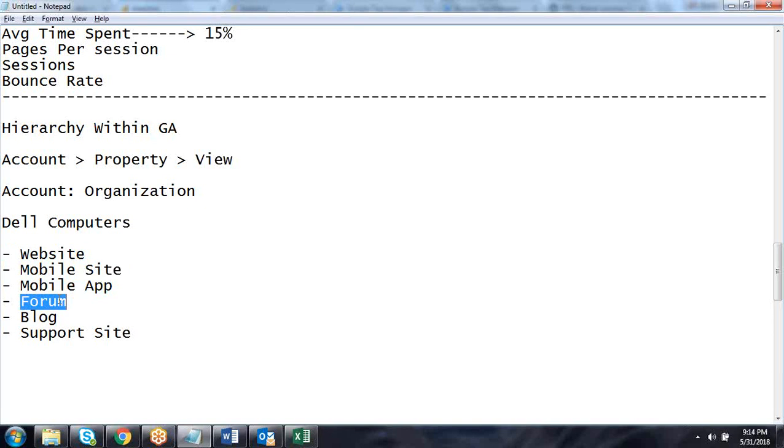The blog is used by my organization to share our news items with the larger public: what Dell is working on, what new things and services we are going to launch. All this is done through blogs. And the support site is a platform from where people can download brochures, manuals and drivers. Make sense to everyone?